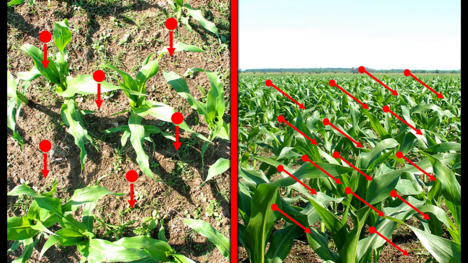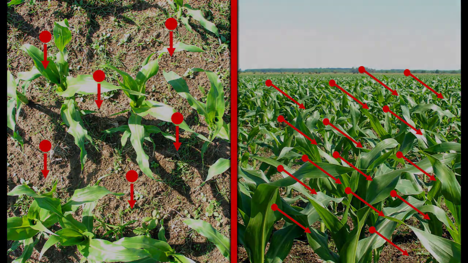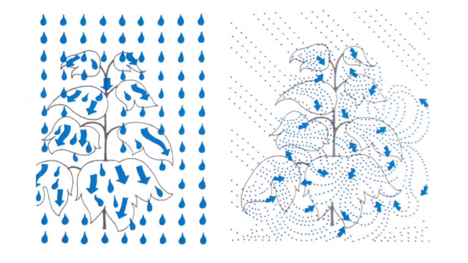On the other hand, the smaller droplets are going to be much more subject to any air movement, and therefore they're going to much more easily penetrate a dense canopy. You can think of this a bit like when it begins to rain with big raindrops.